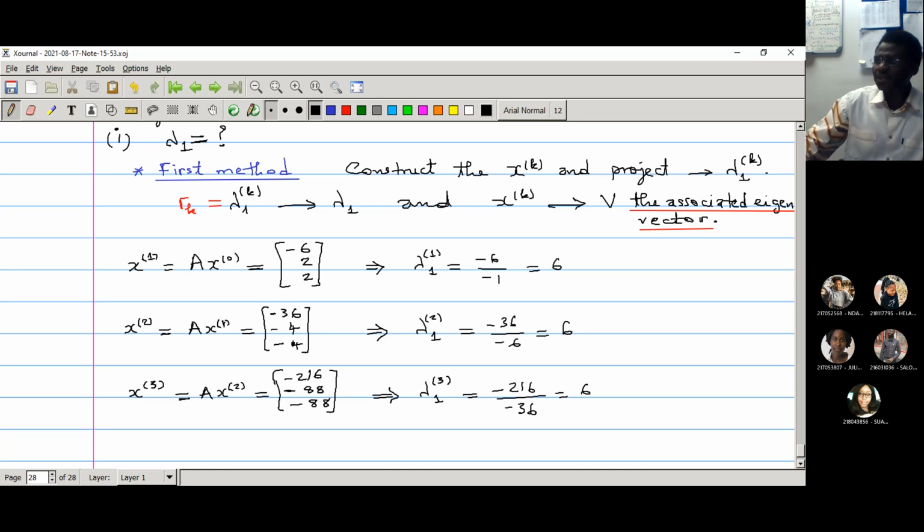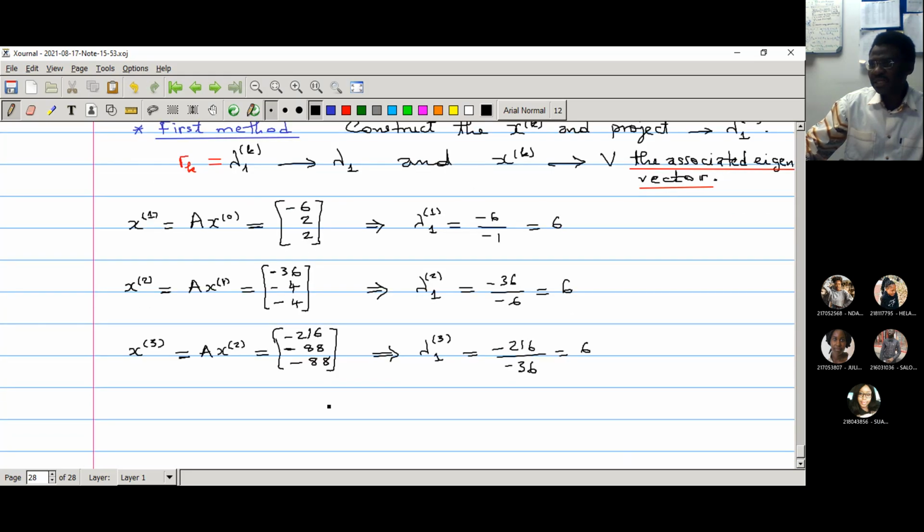Okay, so wherever you stop, you can take the last one. Because these are approximations, they are not exactly that value. If you stop here, you say that you observe convergence, and you take the corresponding eigenvector as the approximated eigenvector.